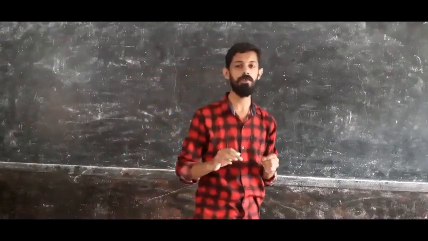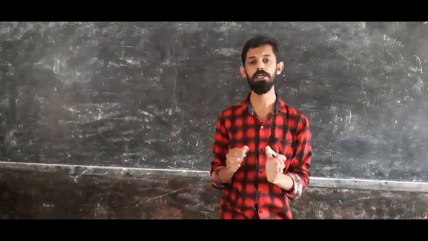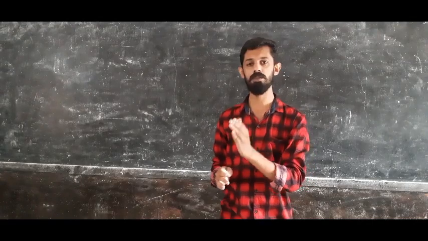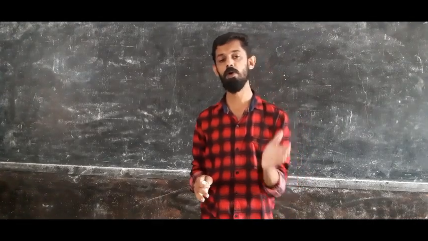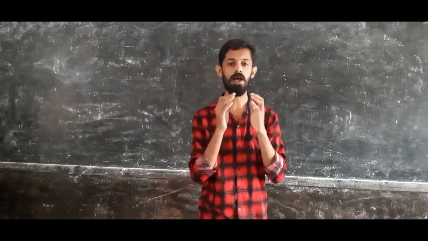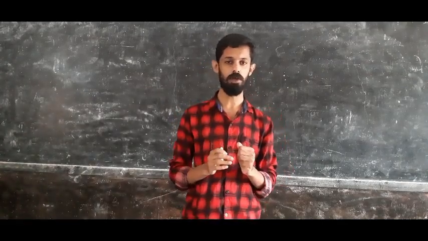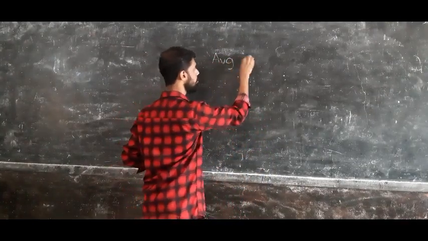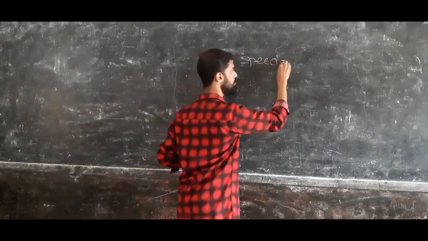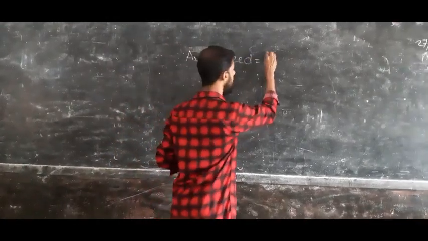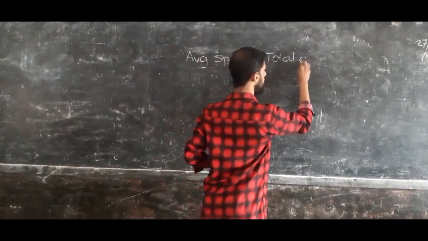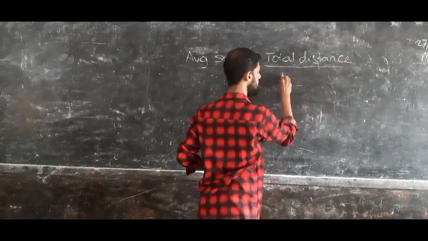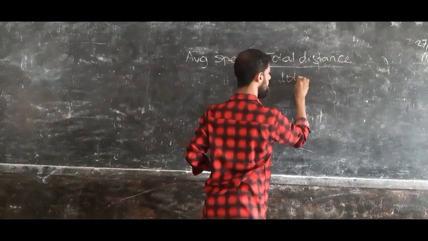Before going to the derivation of the second equation, we need to see two more equations. When we are speaking about multiple speeds or multiple velocities, we need to find an average speed and an average velocity. Average speed equals total distance divided by total time.